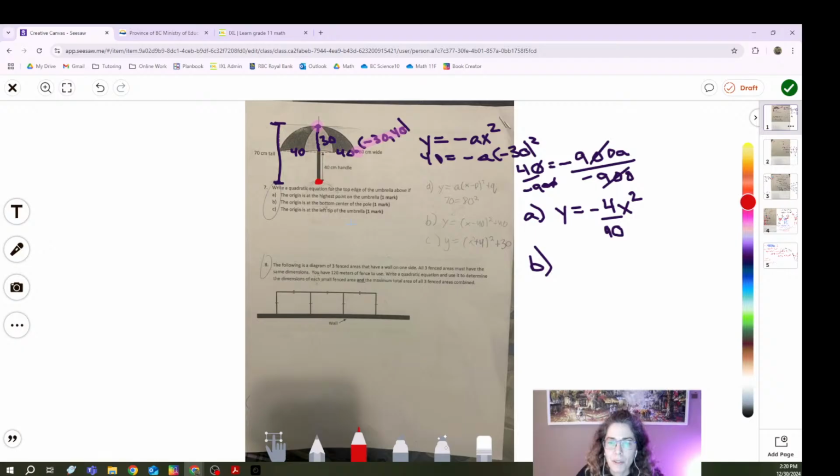Okay, so if this is our new origin, then it's still opening down. So it's shifting this whole, that's what I'm thinking. That's what I'm guessing with it.